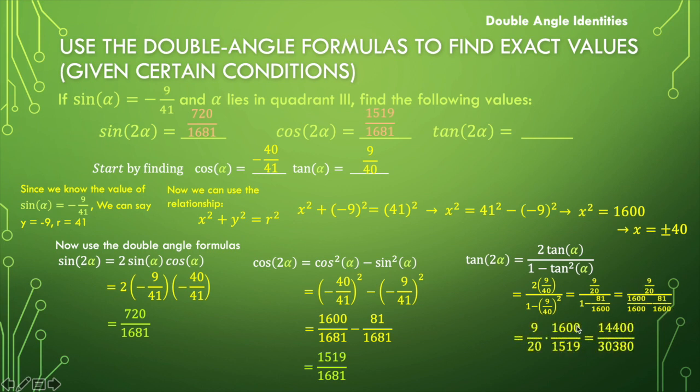So when we do that, we end up with this big old number, which we can then simplify, use our calculator to simplify. Or we could have simplified right here. We can take this 20 and the 1600 and make this into 80 and 1, and that would also make it easier to simplify. That would give us a net result of 720 over 1519.